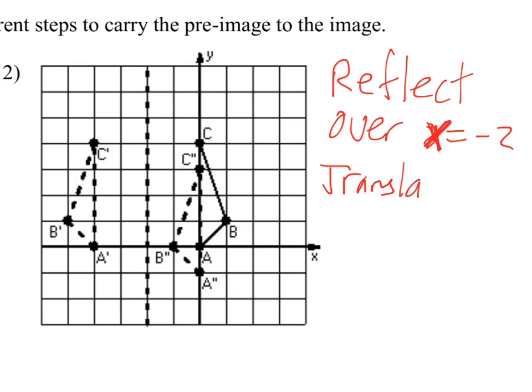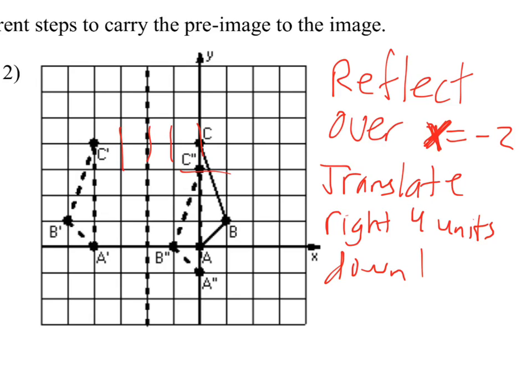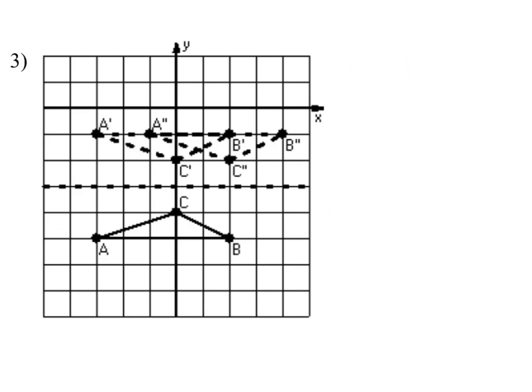So that's going to be translate. We had to go right 1, 2, 3, 4. Yeah, right 4 units. And we had to go down 1. So down 1 unit.